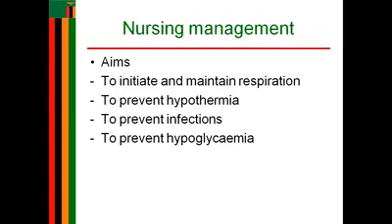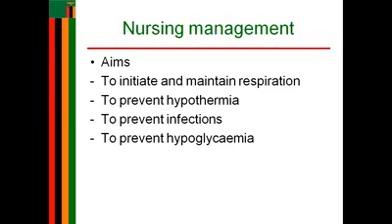Then in terms of the heart rate, this is also to monitor cardiac function, and the normal heart rate should be between 120 to 160 beats per minute. Then you also observe skin color in order to detect any cyanosis.